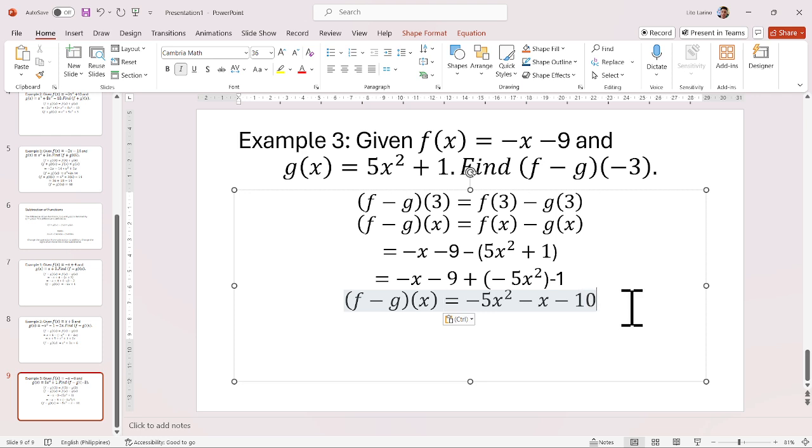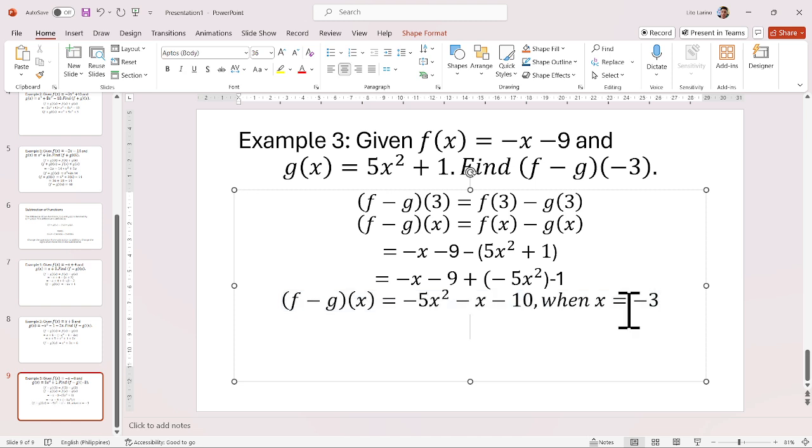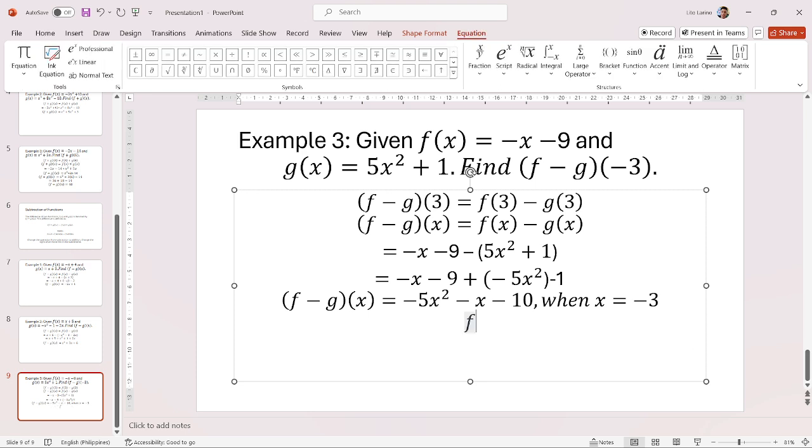Now, we will evaluate this when x is equal to negative 3. And that is equal to f minus g of negative 3 equals negative 5.